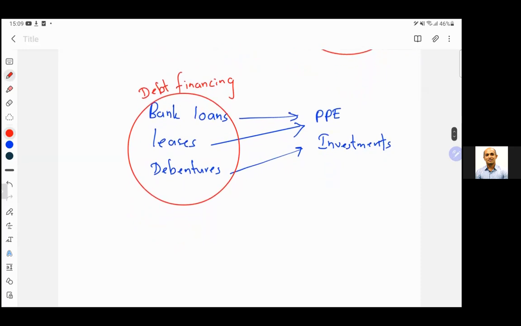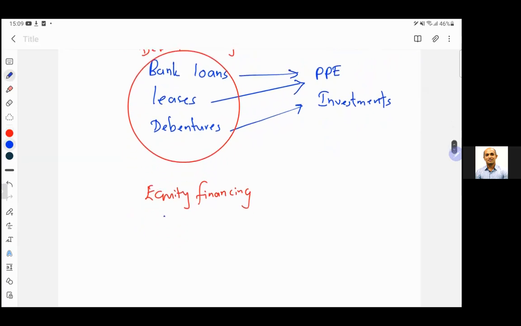In addition, a company uses equity financing. For example, issue of equity shares and reserves. You can use your retained earnings, your past retained earnings, to finance future investment.